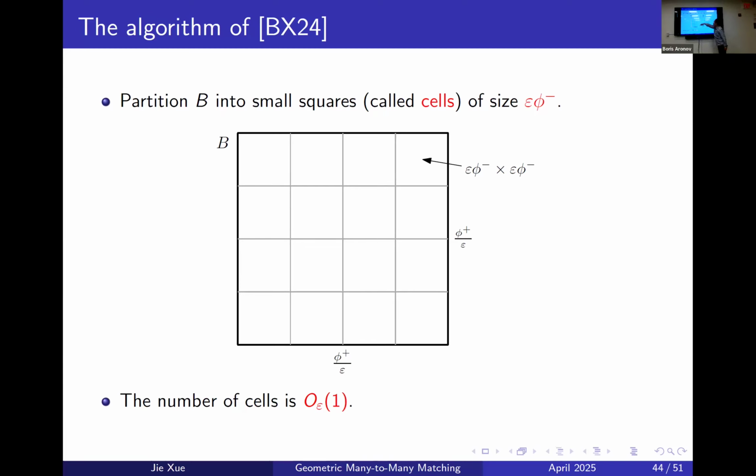What is the side length of the large square? It's phi plus over epsilon. What is the size of the smaller square? It's epsilon times phi minus. Because phi minus and phi plus differ only by a factor depending on epsilon, the ratio of this one to this one is also some function of epsilon.